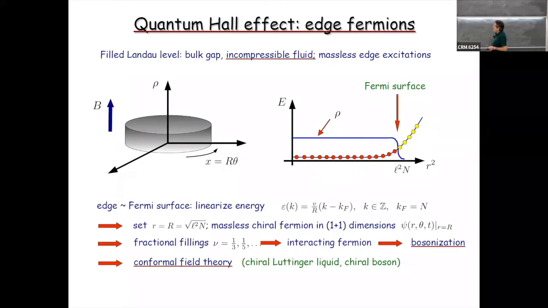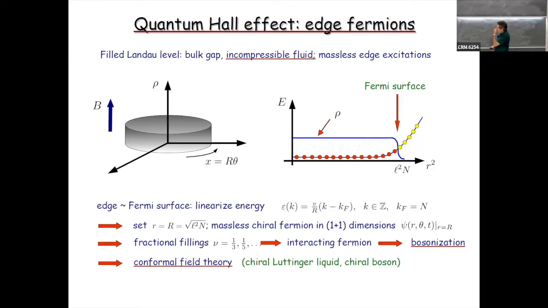The main point is that there is a gap in the bulk, and so you cannot have density waves in the bulk. So you say it's an incompressible fluid. However, at the boundary, you can have fluctuations.